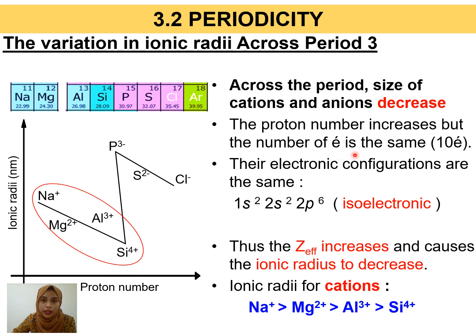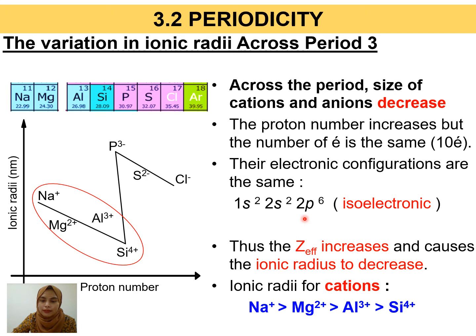After they become ions, the number of electrons will still be the same, and all of them will be isoelectronic. They will have the same electronic configuration after they become ions, whether Na plus, Mg2 plus, S2 minus or Cl minus. They are all isoelectronic species with the same electronic configuration, which is 1s2, 2s2 and 2p6.